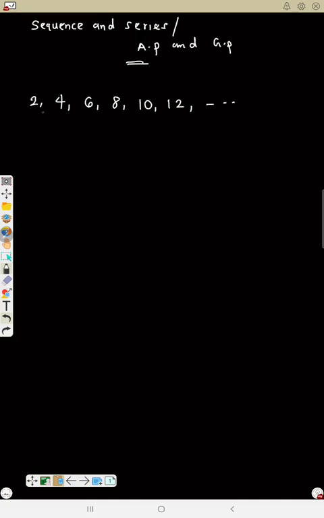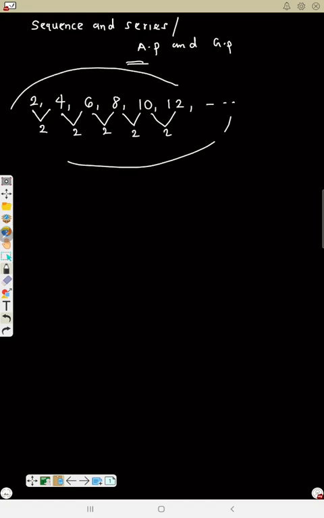The difference between this and this is 2. The difference here is 2, here is 2, and here is 2. That means anytime you have numbers with a regular pattern, that is, with the same common difference, you can say this is a sequence.